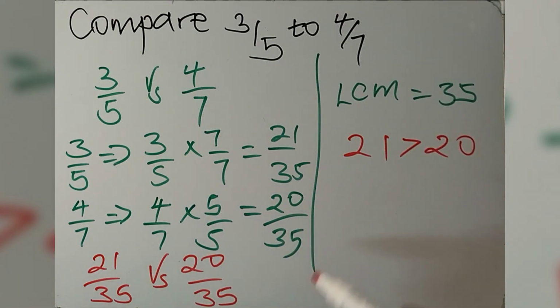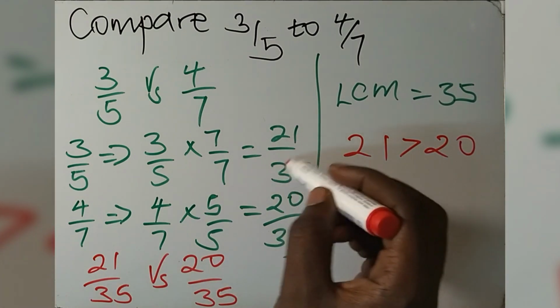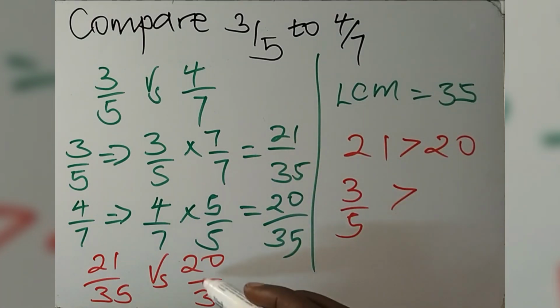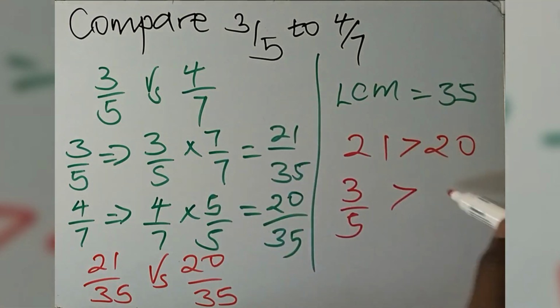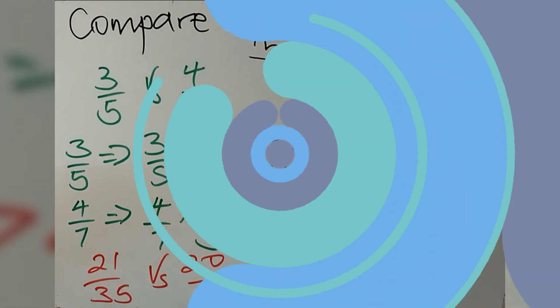So our answer will be 3 over 5, which is 21 over 35, is greater than 4 over 7.